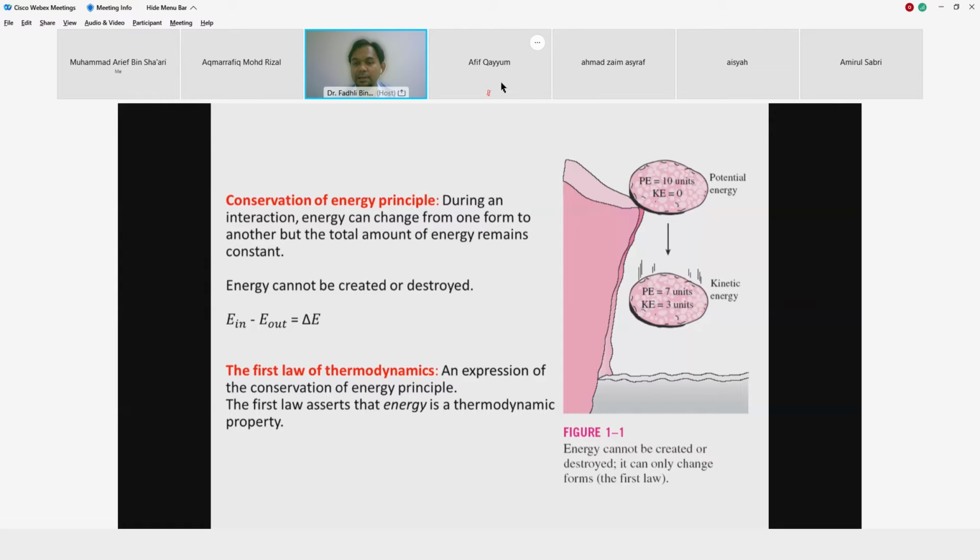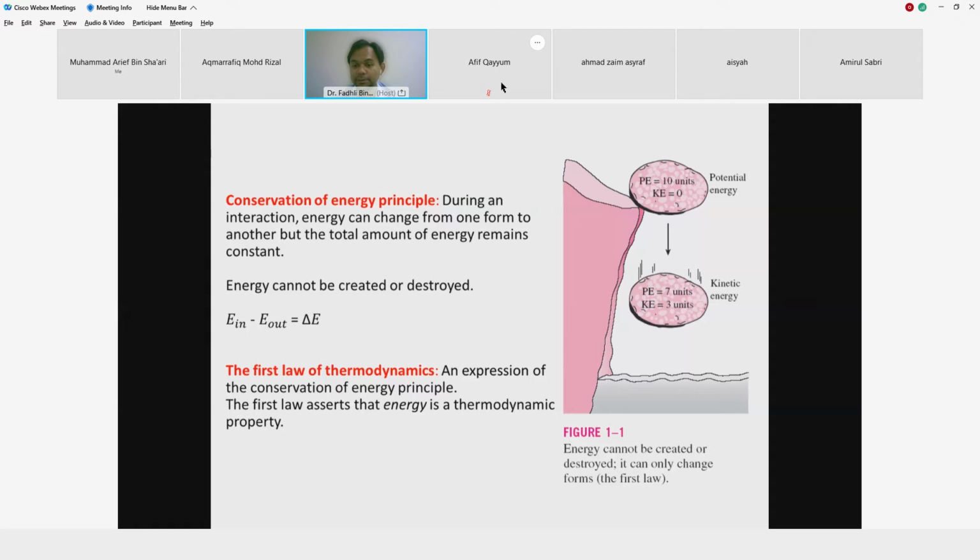So ketinggian dia dah menjadi rendah, berkurang berbanding ketinggian asal. So that's why the potential energy reduces from 10 units to 7 units because of the height. The level of the rock is smaller compared to the initial state, the first state, keadaan pertama.